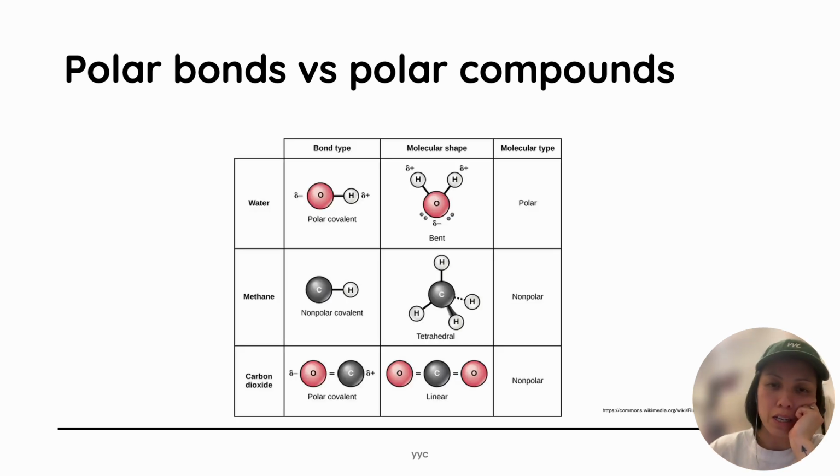The bond between each oxygen and hydrogen is polar. Oxygen is much better at pulling the electrons closer to itself, which leaves hydrogen a bit more positive, oxygen a little bit more negative. If you actually have a look at the shape of the compound, in general, this side here is more positive, this side here is more negative. Because you've got these two poles in the molecule itself, we consider this as polar.